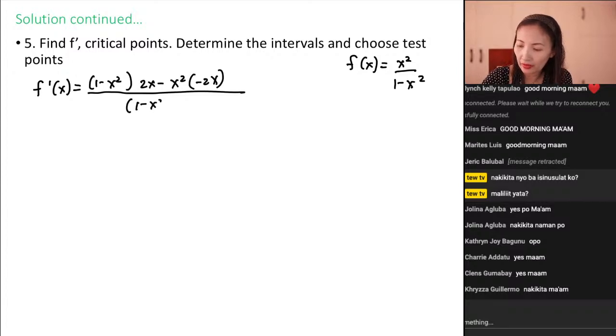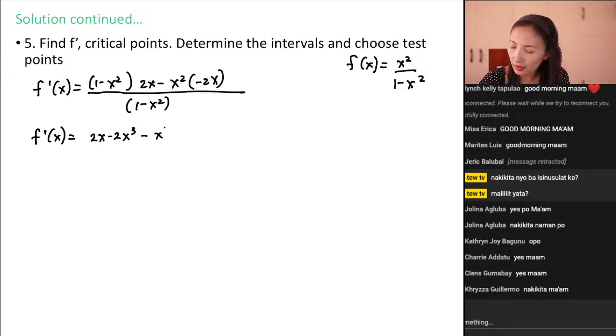So let's simplify further. What will this be? 2x minus 2x cubed minus x squared plus 2x cubed. What will this be? This one will cancel out.